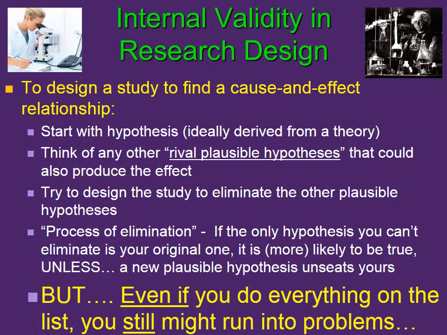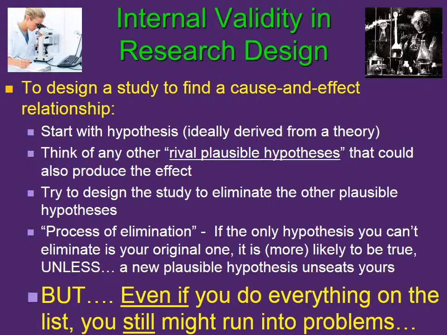And if the only hypothesis you can't eliminate is your original one, it is then much more likely to be true, right? Unless, of course, someone else thinks up a new plausible hypothesis that knocks yours right out of the box. But anyway, a simple explanation of the general idea is that hypothesis testing proceeds by the process of elimination.